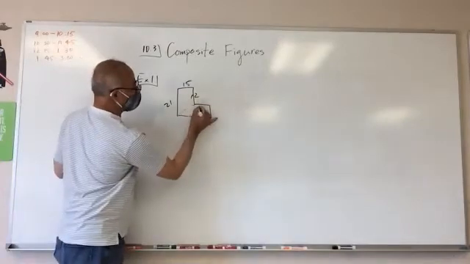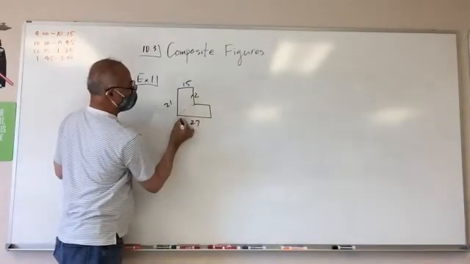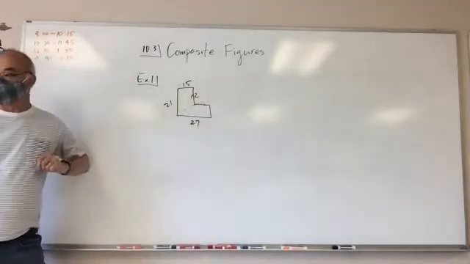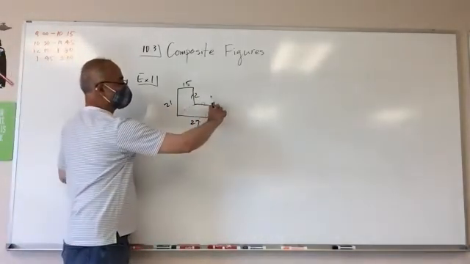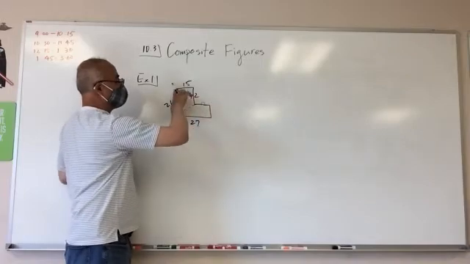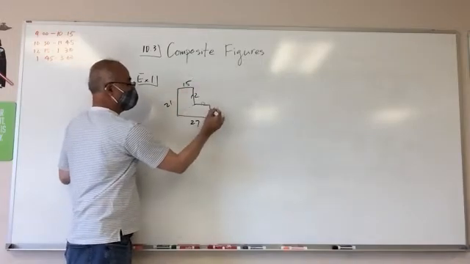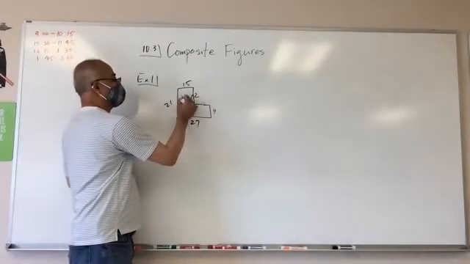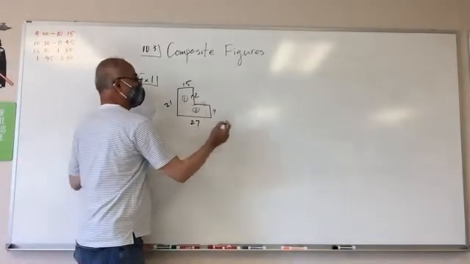So this leg would be 27 minus 15, so this would be 12. This height would be 21 minus 12, so it would be 9. Okay, we'll call this trapezoid 1, we'll call this trapezoid 2.